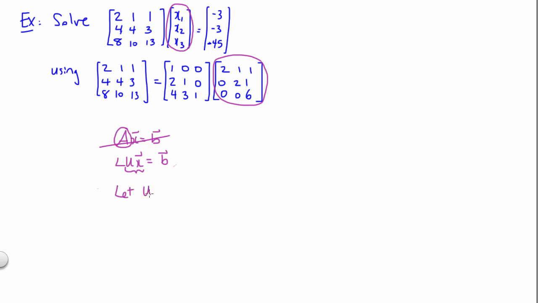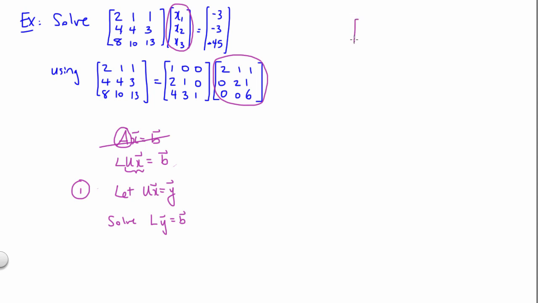So why don't we say let Ux equals y. What that does is that then simplifies the system that we're trying to solve. We're now trying to solve the little system Ly equals b, and we know how to solve a system like that pretty efficiently. So let's say this is step one here, is just to rename Ux, rename it y, and then we've got this little system here that we can solve.